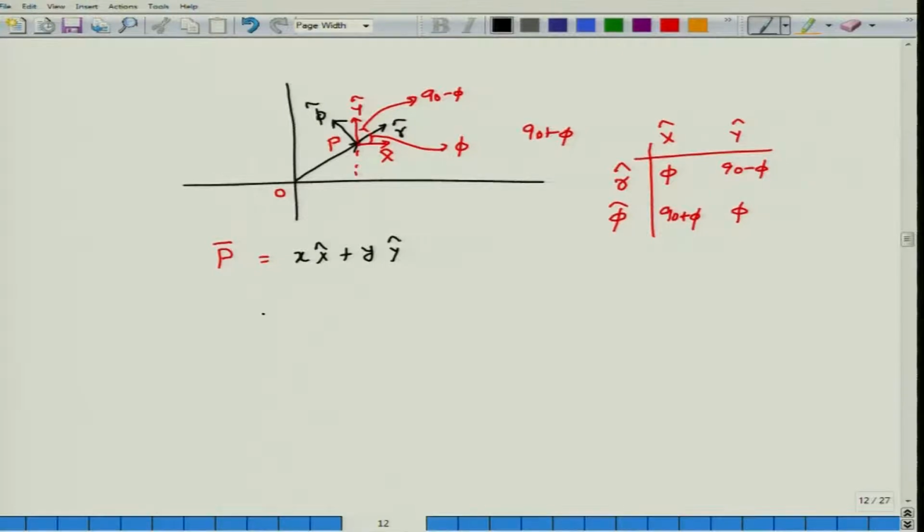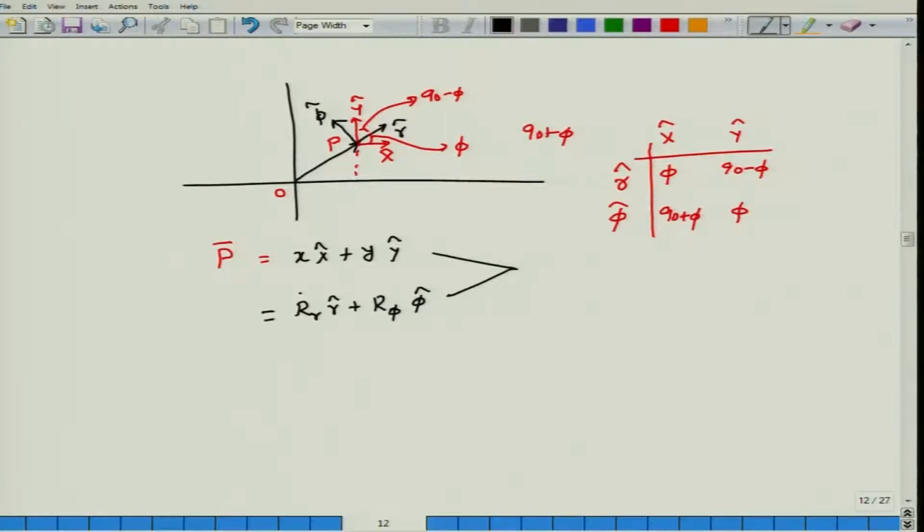But I now want to specify this in terms of r r hat plus r phi phi hat, where r and r phi are the components along the r direction and the phi direction. Physically these two are the same because they are the same point, so that is the same vector. It does not matter whether I consider the vector in the Cartesian coordinate system or in the cylindrical coordinate system. However, I have written down these two.